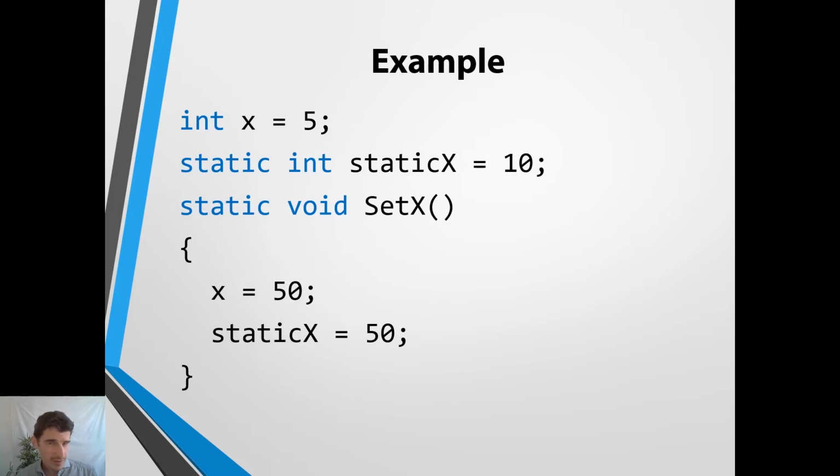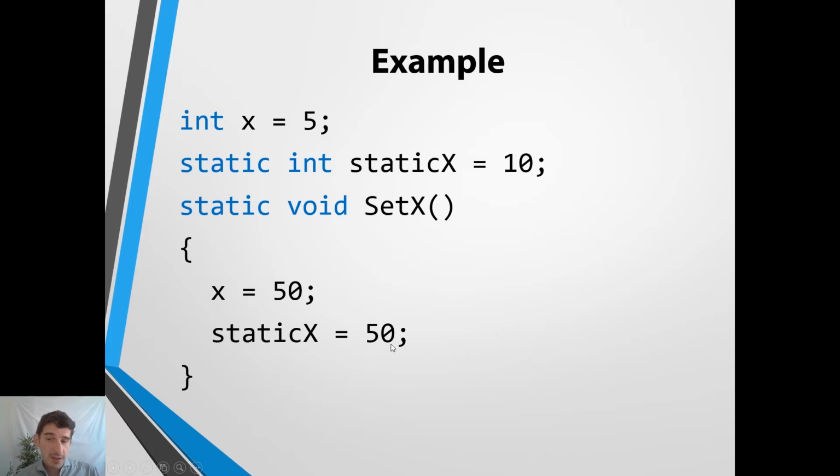And what does this mean in a practical example? Let's look at it. We have a very simple code. Imagine this is in a class. We have x equals 5, static x equals 10. This is a static variable. Now we have the static method, and it tries to set x to 50 and tries to set static x to 50.